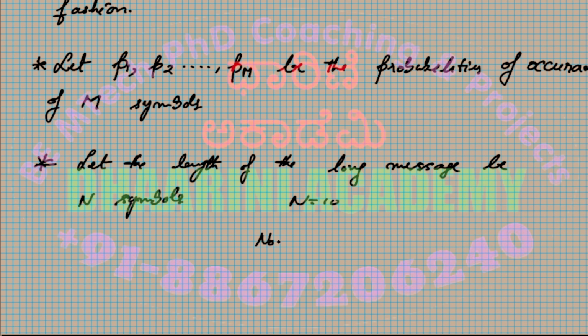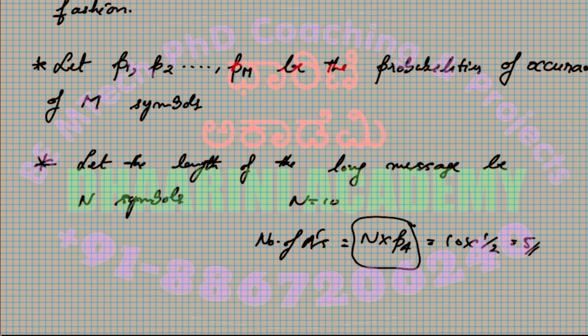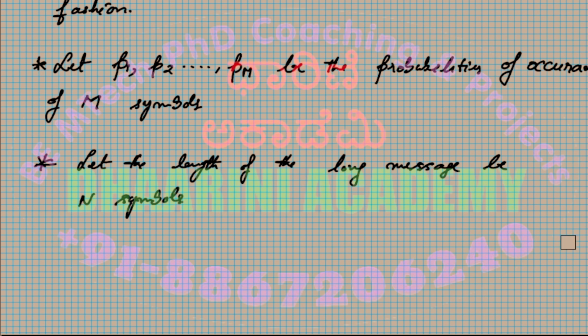The number of A's is the length into the probability of A. If I say half, I am expecting 5 A's. You see what I multiplied: the length into the probability of that particular symbol. This gives me an idea of how many times each different symbol repeats. So I'm going to use that concept over here.